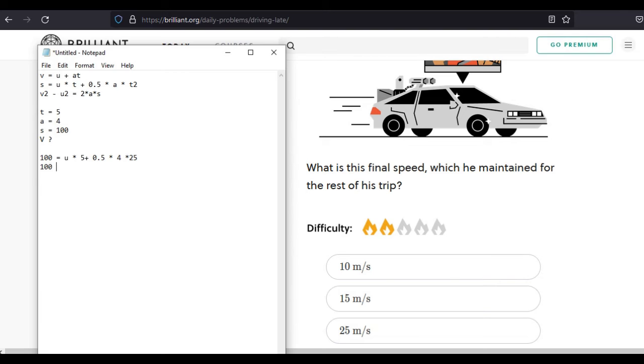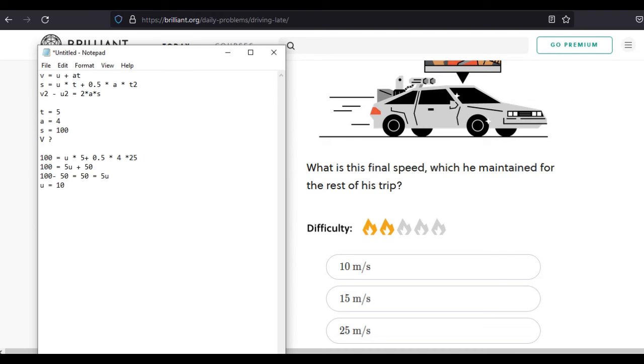So 100 is equal to 5 into u, 5u, plus half into 4 into 25. Half into 4 is 2, 2 into 25 is 50. So if you move 50 to the other side, that would be 100 minus 50 is equal to 50 is equal to 5u. Which implies that u is equal to 10.